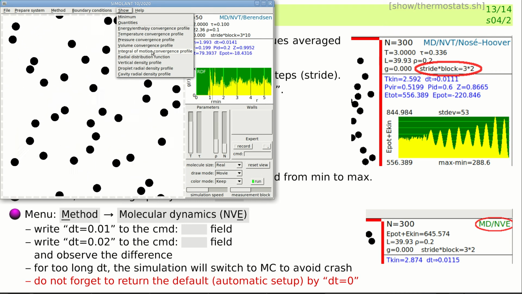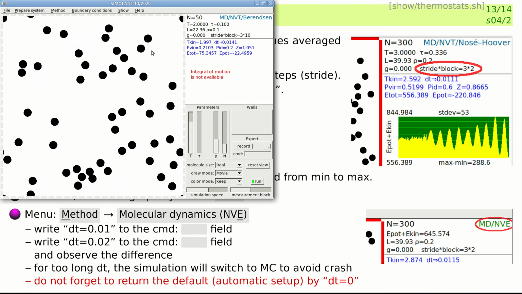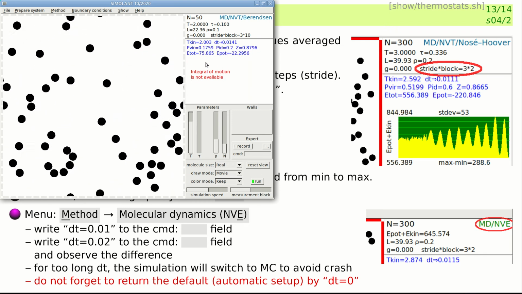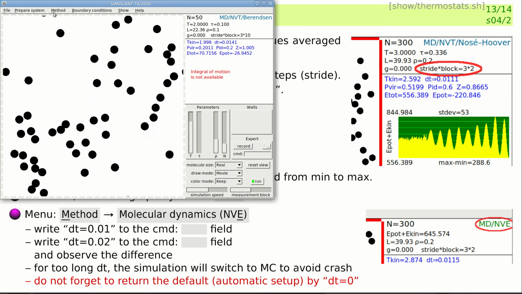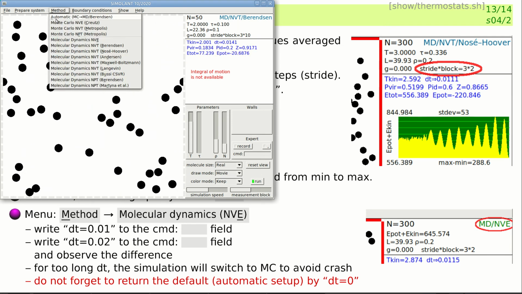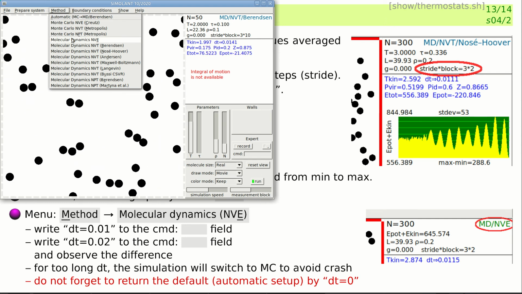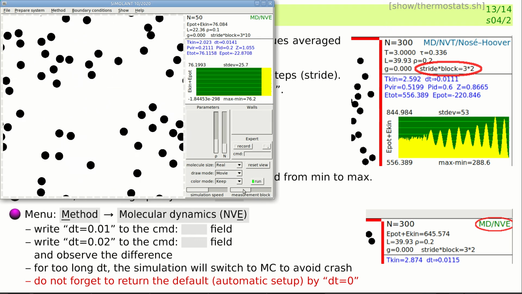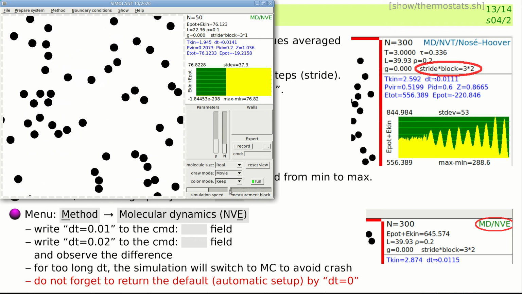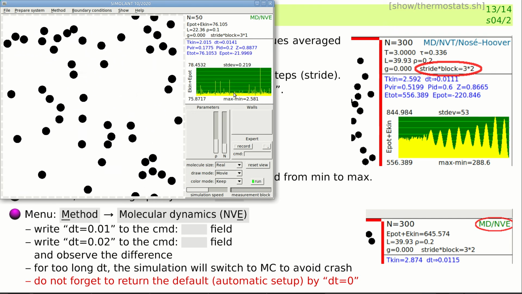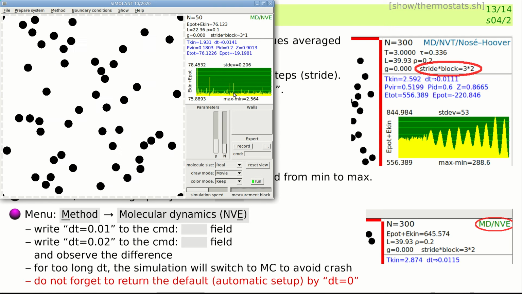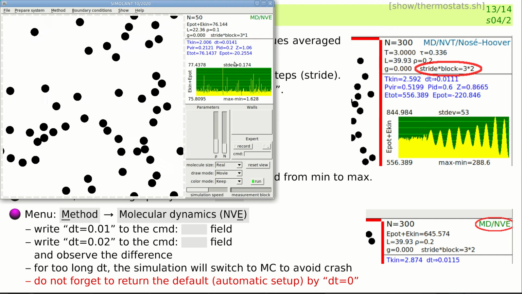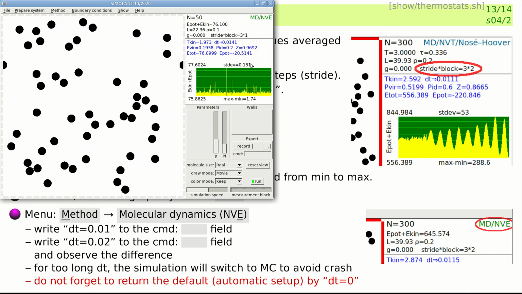I first check this to get the integral of motion convergence profile. So here a convergence profile should appear, but there is no integral of motion for the Berendsen thermostat. So we must switch to molecular dynamics without a thermostat, which is here. Also, it's a good idea to speed up a bit. And now the system writes the values of kinetic and potential energy and their sum, and you can see that the standard deviation is quite small.